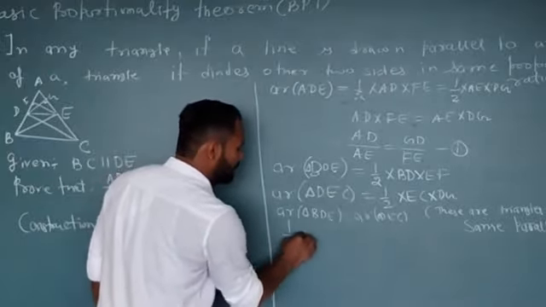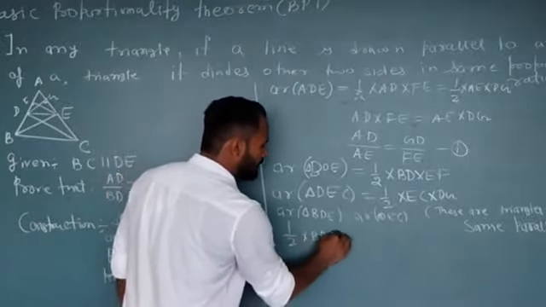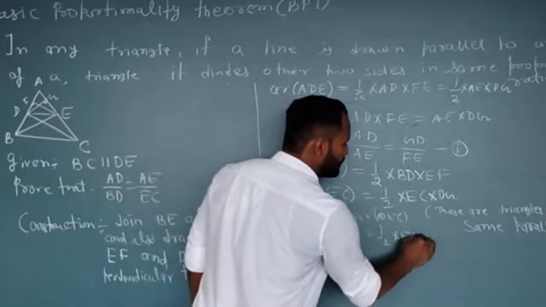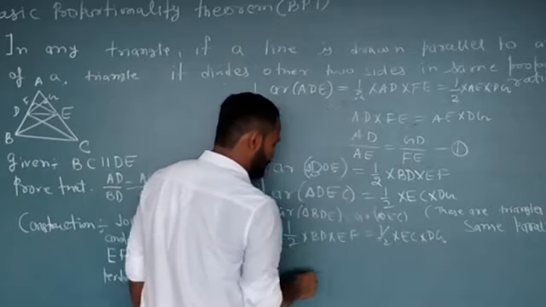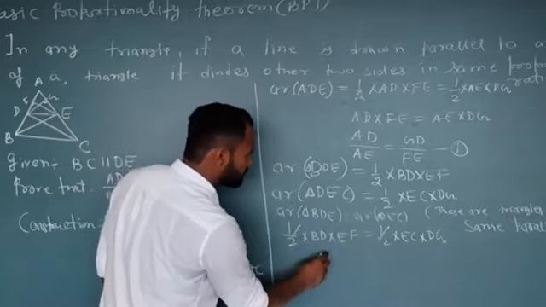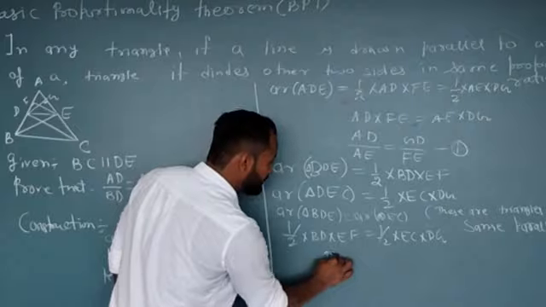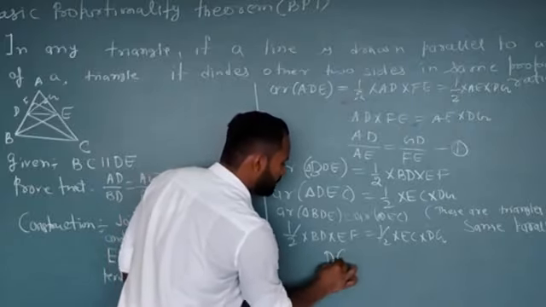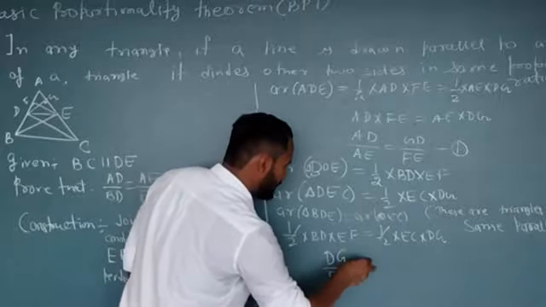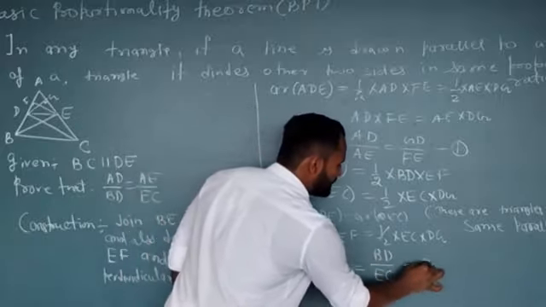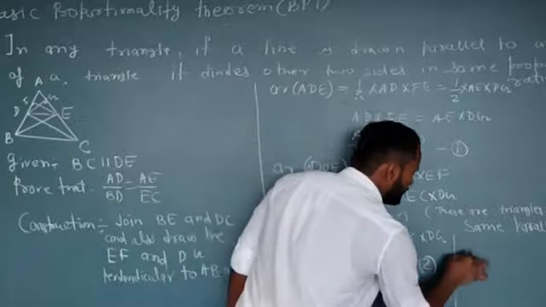So let's equate it. Half BD into EF is equal to half EC into DG. I can cancel this and this, and from there I get DG upon EF is equal to BD upon EC. This is the second equation.